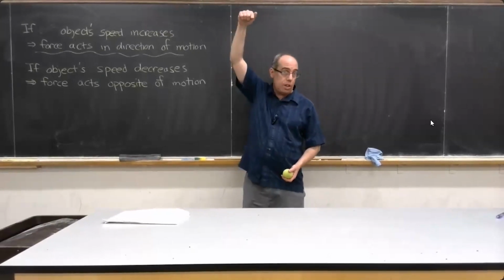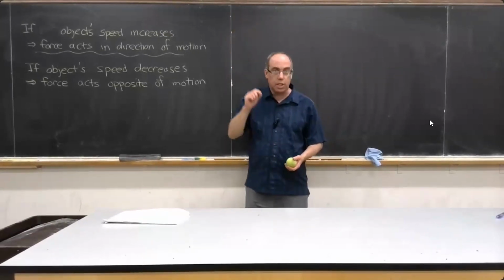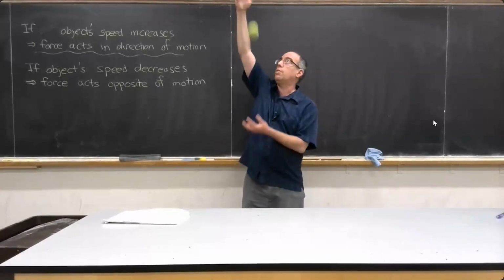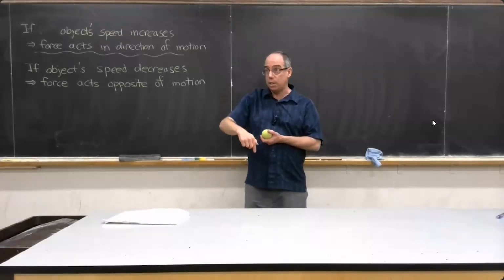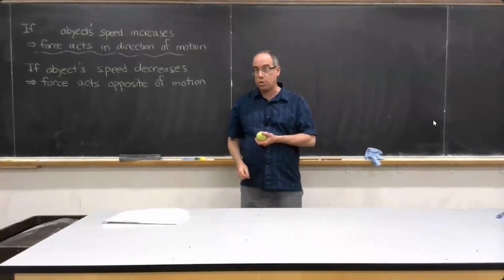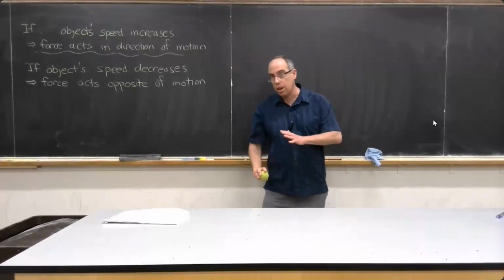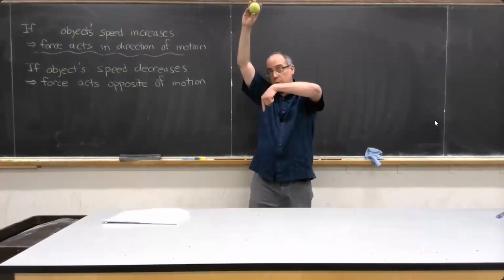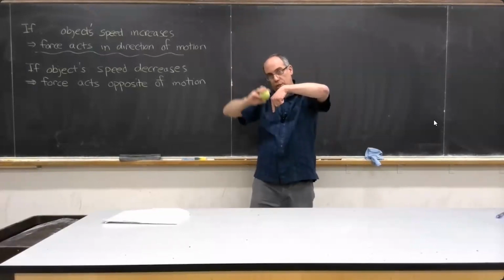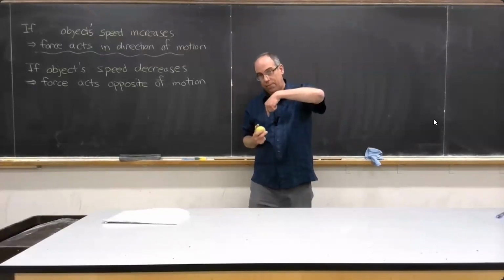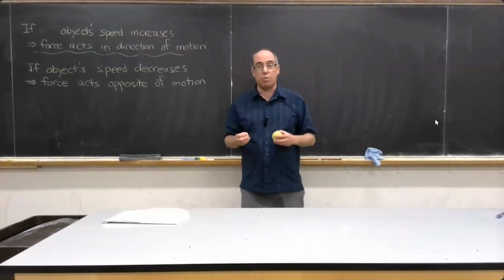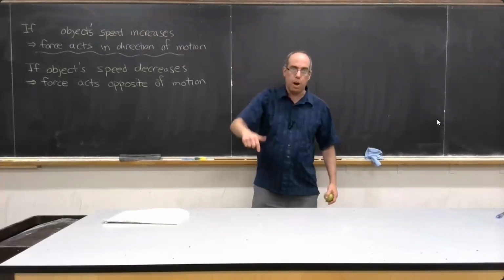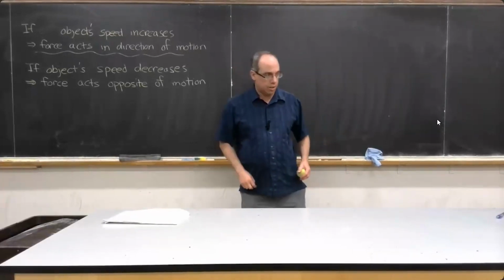We know that when an object is getting faster, it is experiencing a force in the direction of motion. So if an object is going down and getting faster, it's experiencing a downward force as well. Putting it all together, when the tennis ball is on the way up, getting slower, it must be experiencing a downward force. When it is on the way down, getting faster, it must be experiencing a downward force as well. So for that entire motion up and down, the tennis ball is experiencing a downward force.